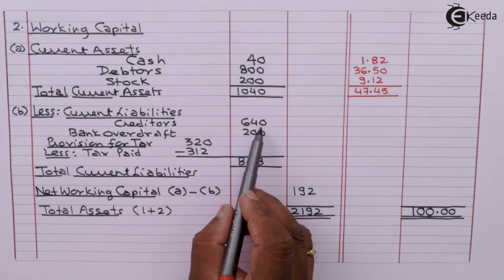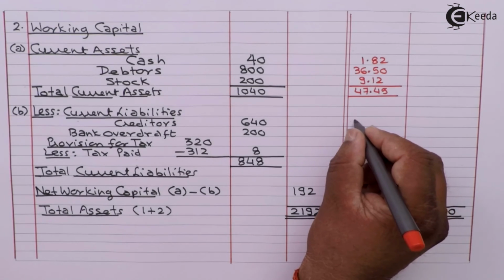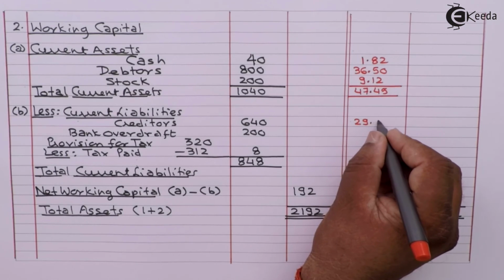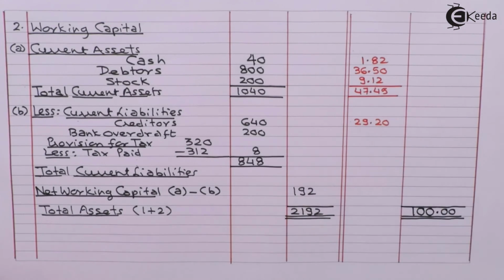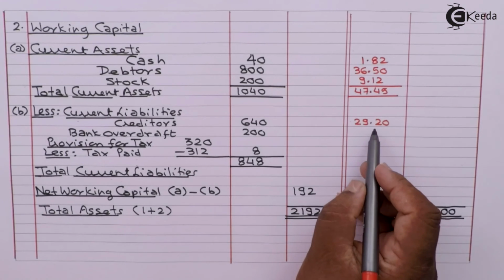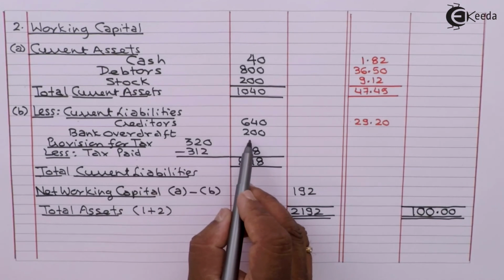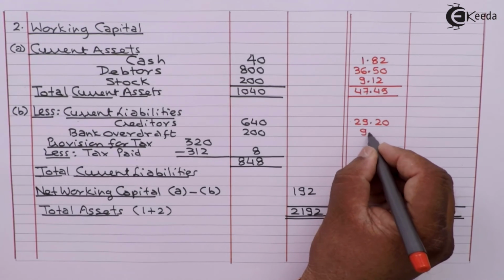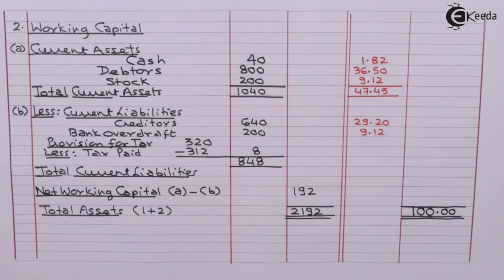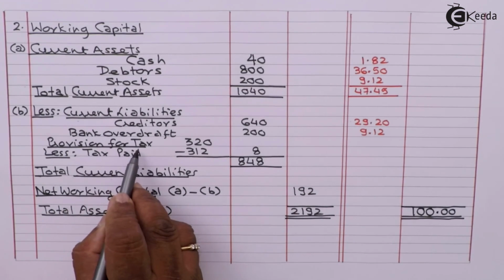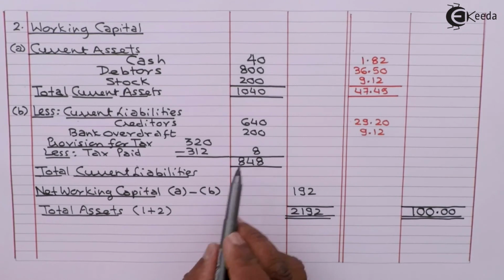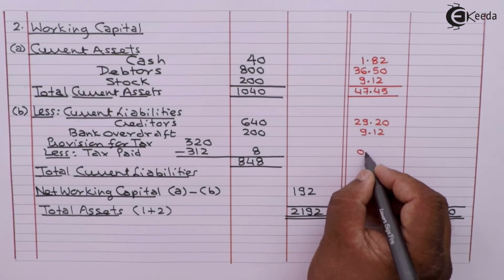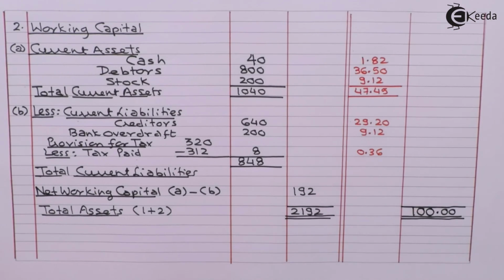Creditors 640,000, (29.20%). Bank overdraft 200,000, (9.12%). Provision for tax net 8,000, (0.36%).